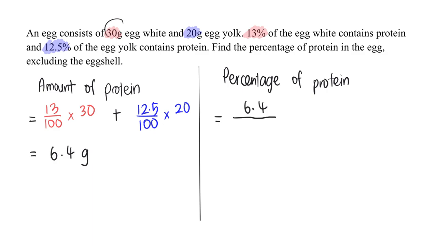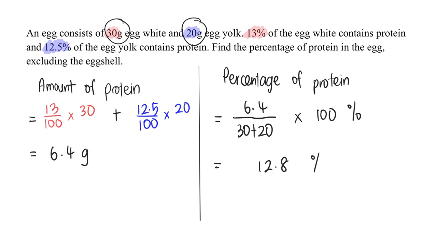Yes, 30 egg white, 20 egg yolk. So it's 30 plus 20. Then I will need to find the percentage, so I'm going to multiply by 100%. And this will give me 12.8%. Do take note. This is the calculation part.